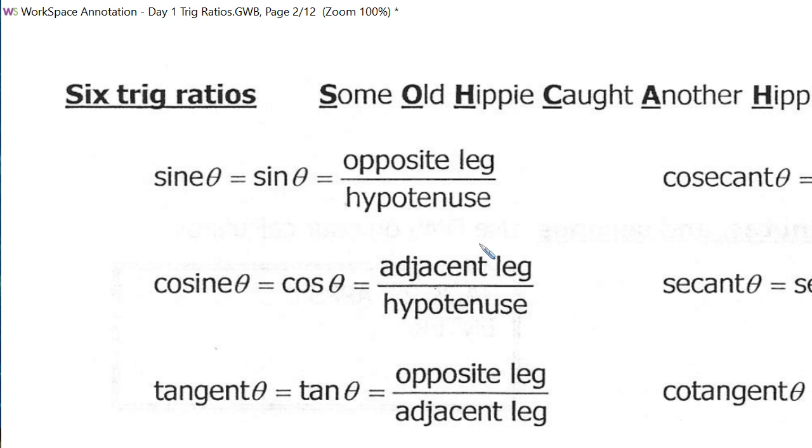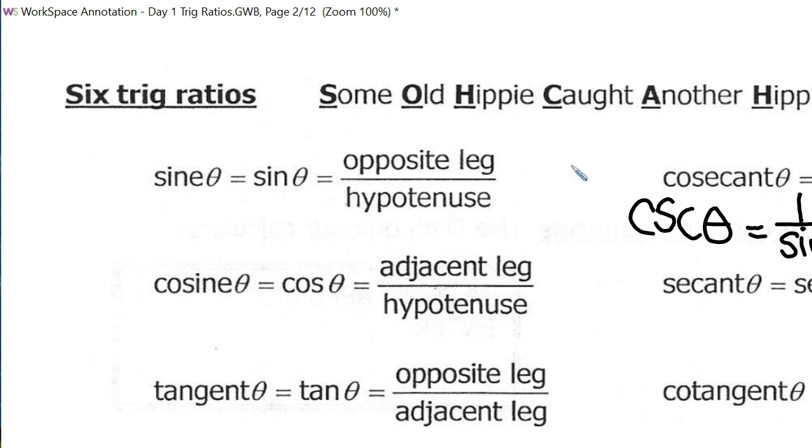Now the 3 new ones are going to be over here in the 2nd column. And the first new one is called the cosecant. And the cosecant is just a reciprocal of sine. And we abbreviate cosecant with CSC. So to find the cosecant of an angle theta, it's 1 over the sine of theta.